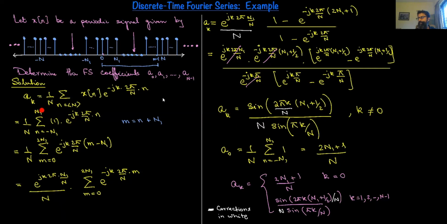Iman says, why is it not from minus n1 to n1 minus 1? Iman, n1 is not the interval. Okay?